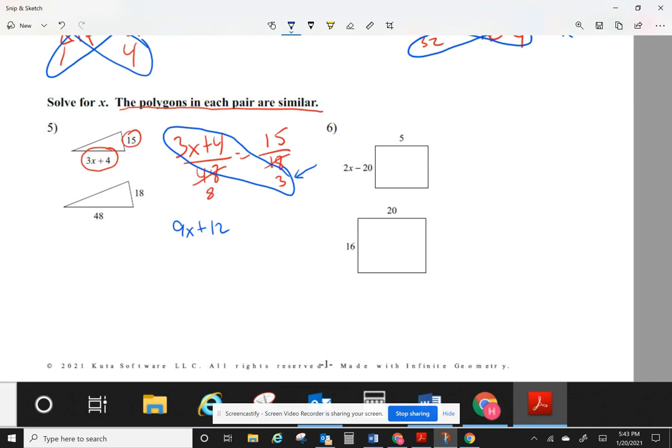Once again, because there was a plus or a minus sign, the number that was by itself, I multiply it to both terms. So 9x plus 12 equals, now here, 15 times 8. 15 times 8 is 120. All right, let me solve for x. It's just plain algebra. Let me subtract 12. So 9x equals 108. Let me divide by 9. X is equal to 12.